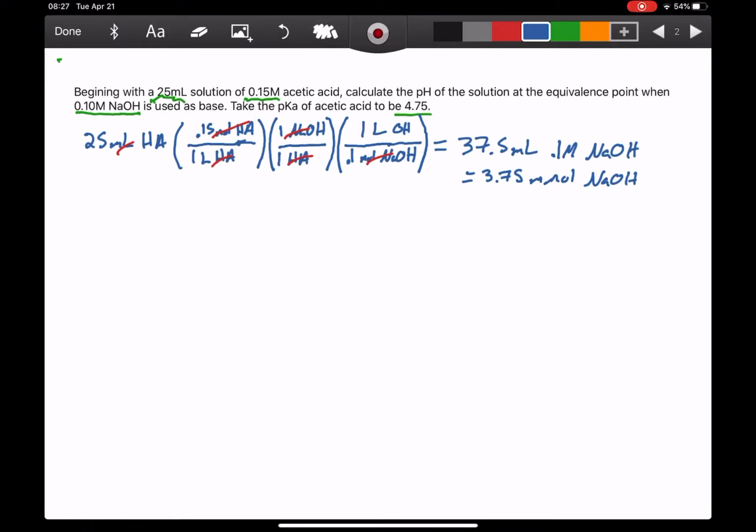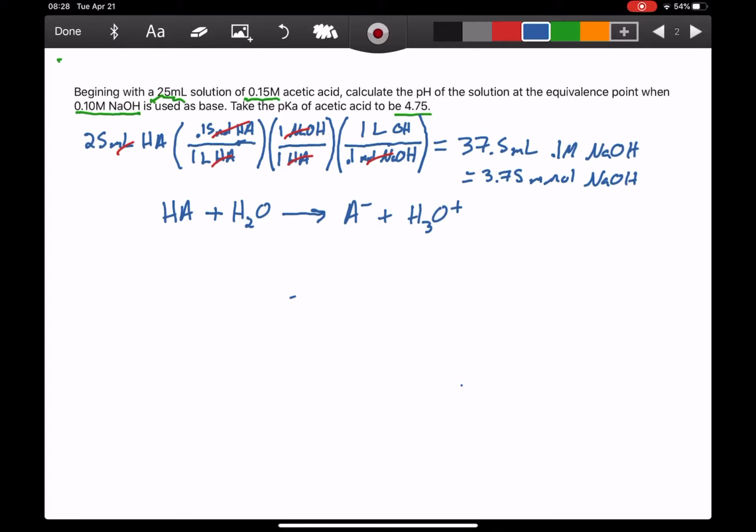Okay, so now that we found out how many milliliters of this solution of base is required to reach the equivalence point, now we are prepared to begin solving for it. So we're given the pKa here, and we're going to need to go from the pKa to the Kb here. And the reason for that is because originally when we had the acid in solution, we're calculating pH, we're calculating the reaction of HA plus H2O is going to form A minus plus H3O plus.